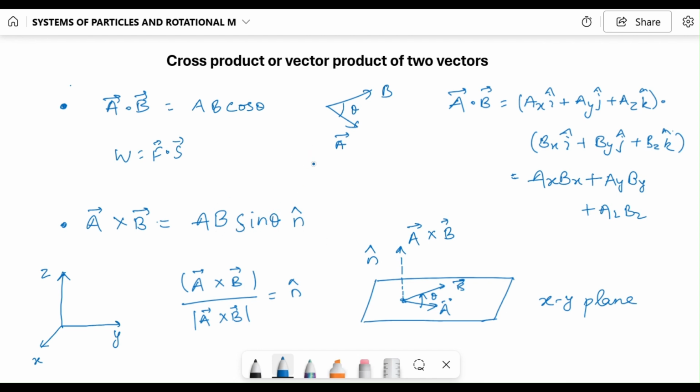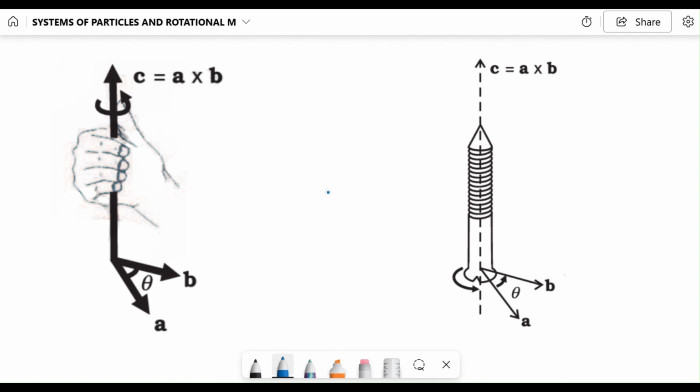You can understand this by using a diagram also. Here we have the diagram of vector A cross B, and you can get the direction of A cross B by using the right hand. You just curl your fingers, and the direction in which the thumb is pointing will be the direction of the A cross B vector.